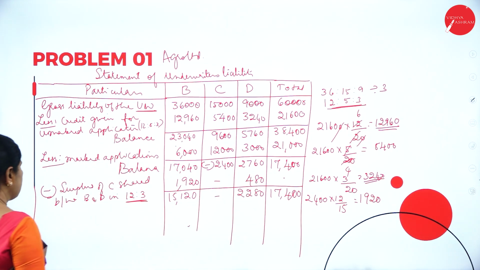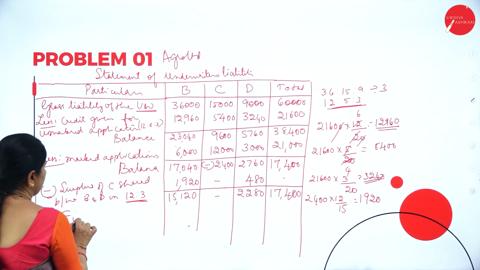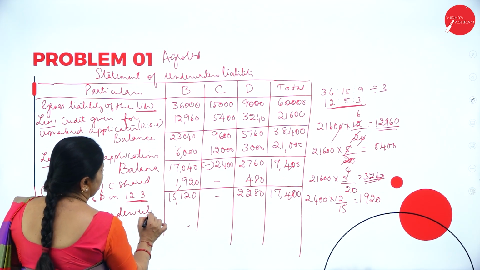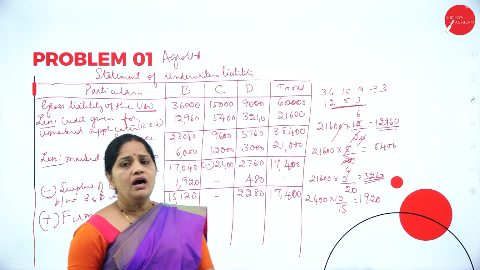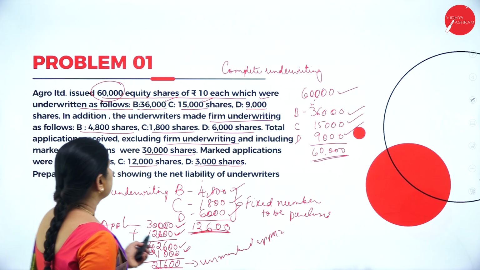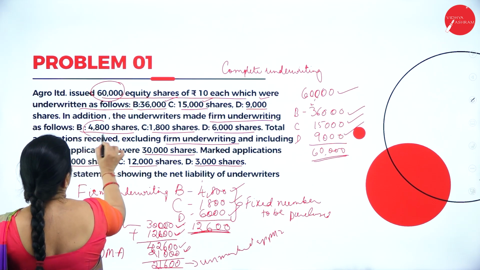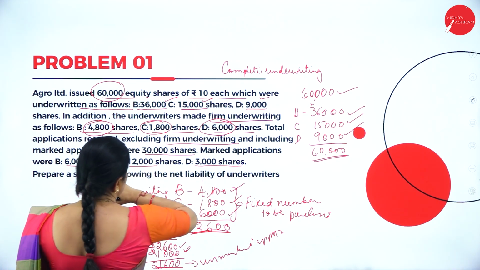Now the next step is add firm underwriting. I have to add the firm underwriting of all the underwriters. What is the firm underwriting here? The underwriters made firm underwriting: B 4,800, C 1,800, D 6,000.